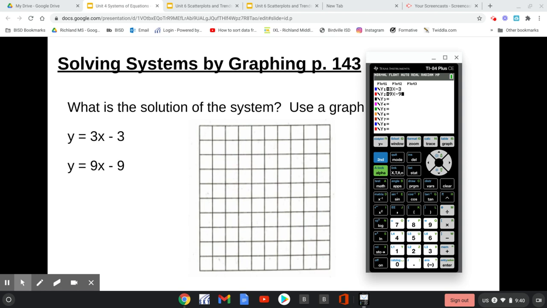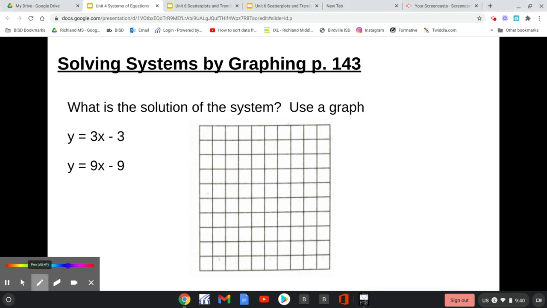I'm going to hit second trace 5, and I'm going to hit enter, enter, enter. And I can see our point of intersection is when x is 1 and y is 0. That's where they intersect. Let's look at the next one.